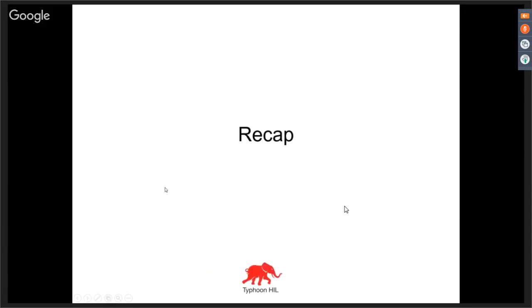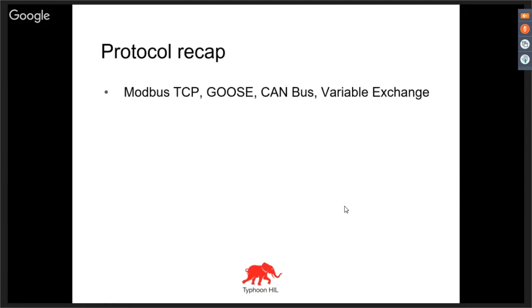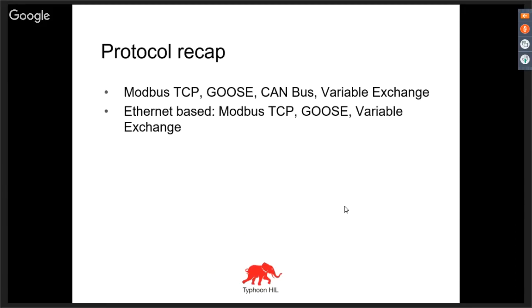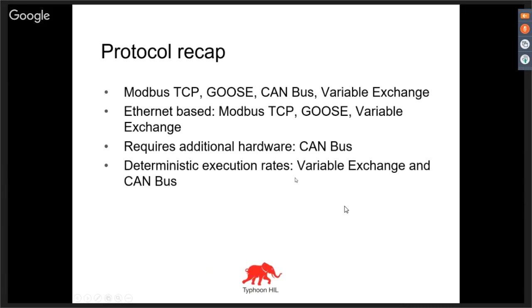So to recap, the protocols implemented in the Typhoon HIL toolchain are Modbus TCP, GOOSE, CAN bus, and variable exchange protocols, where Modbus TCP, GOOSE, and variable exchange are Ethernet based, whereas CAN bus requires additional hardware and CAN controllers to enable communication. And only variable exchange and CAN bus have deterministic execution rates.